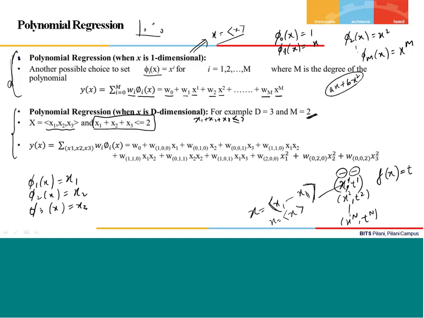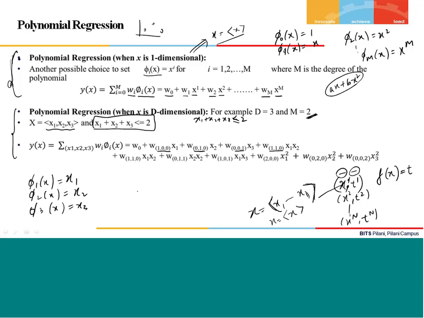First I take all the combinations where the sum is equal to 1, which is nothing but the components x1, x2, x3. When the sum is 2, I am now having degree 2.